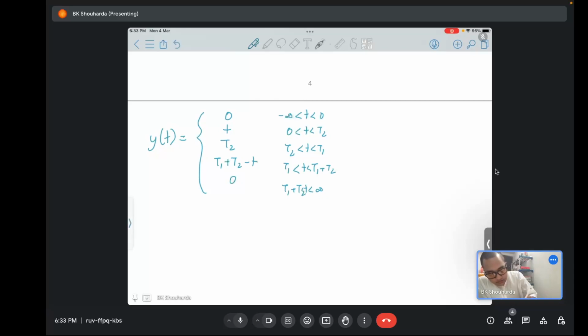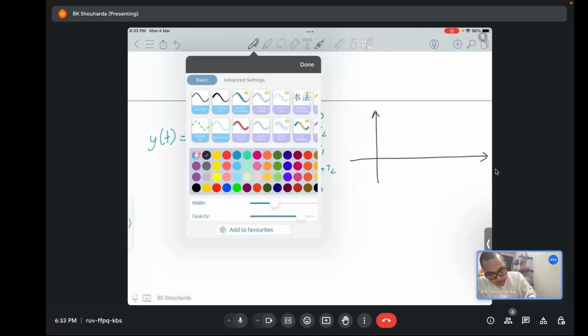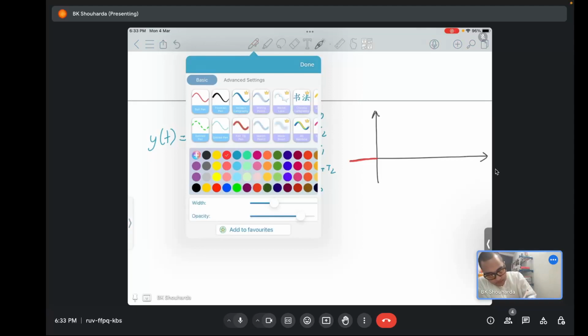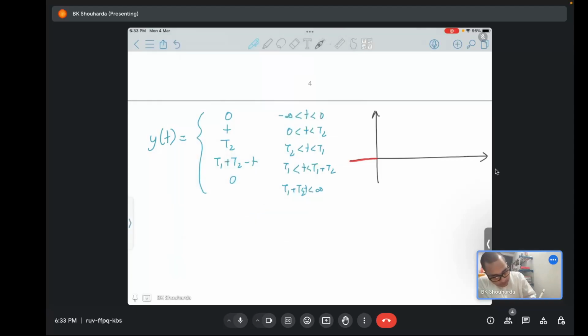So now let's finally start drawing it. Initially the overlap portion is all in red, 0, then we start rising until we reach small t.